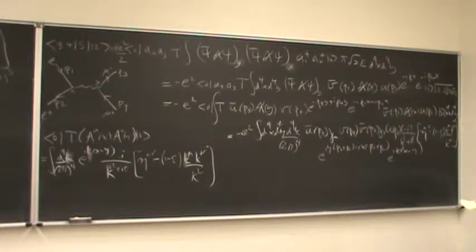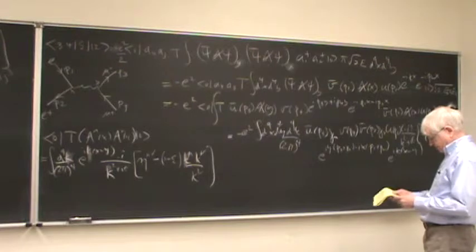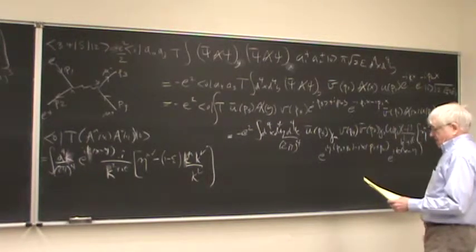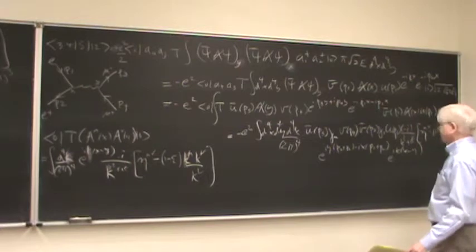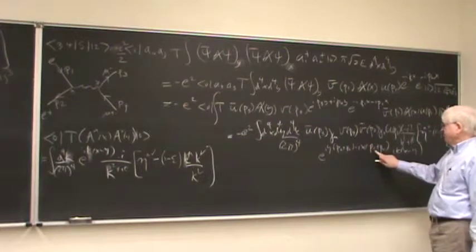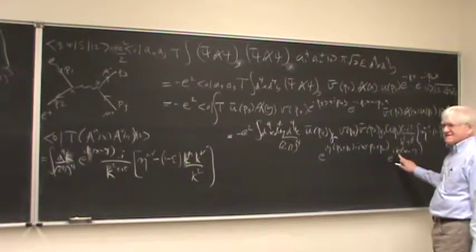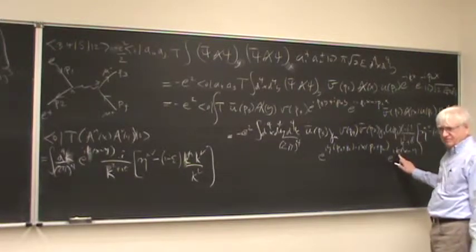And now the integrals over space and time give us these marvelous Dirac delta functions, which then simplify everything. So what happens? If we first do the integral over x, then we have a p1 plus p2 here, and then we have a k. Well, that sets k equal to p1 plus p2.